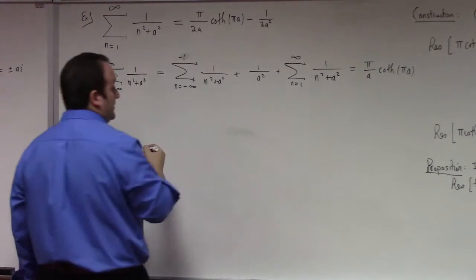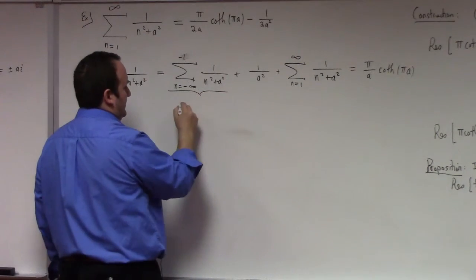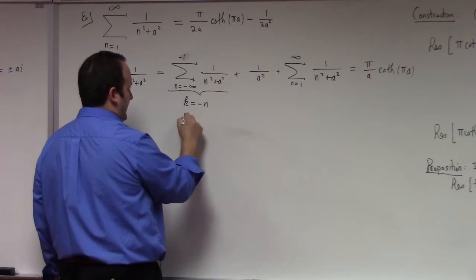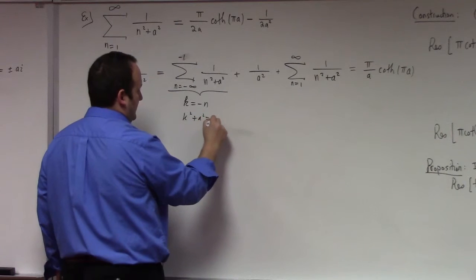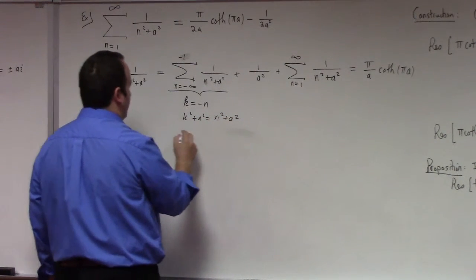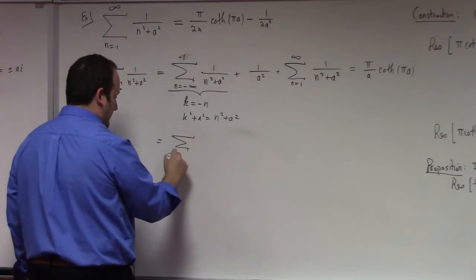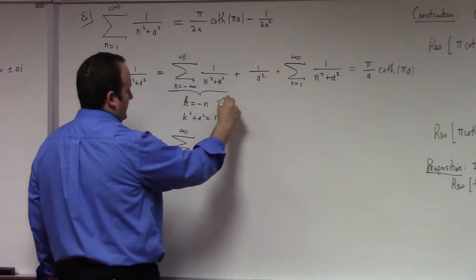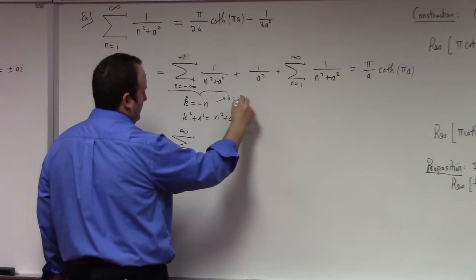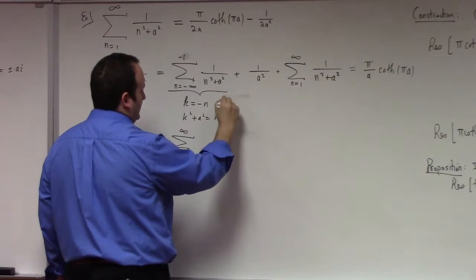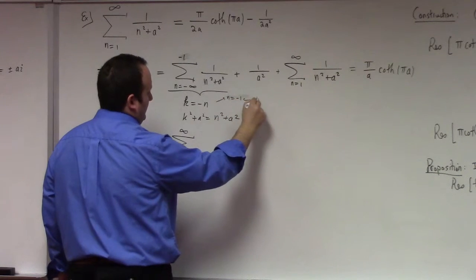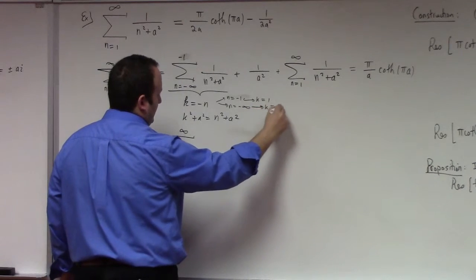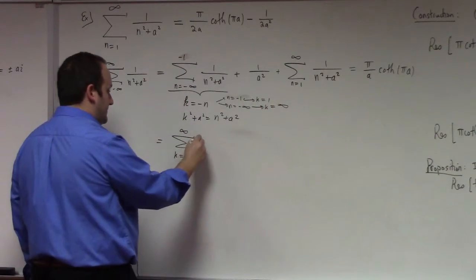And then the point is, you just let k equals minus n, then k squared plus a squared is equal to n squared plus a squared, and this thing just becomes the sum k equals 1 to infinity, because n equals minus 1 gives me k equals 1, and n equals minus infinity goes to k equals infinity, because it flips it over, right?